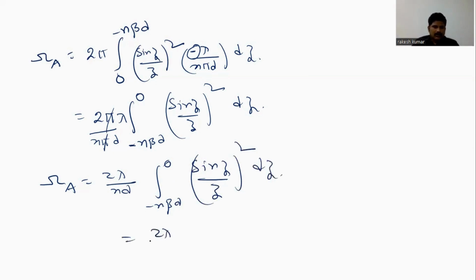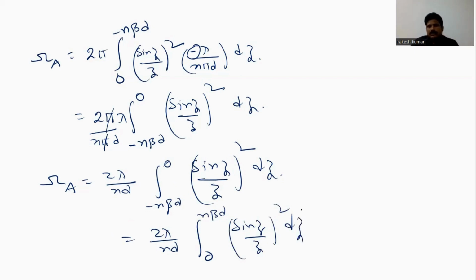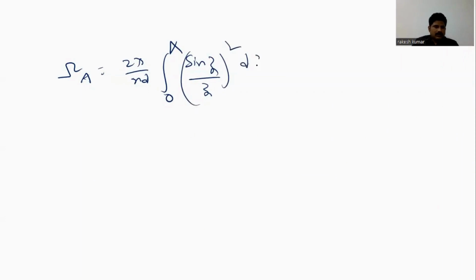That is equal to 2 lambda by n d integration of 0 to n beta d, sin z by z whole square dz. Okay, so if n is very large, n you can approximately take equal to infinity. Therefore, sigma a is equal to 2 lambda by n d into integration of 0 to infinity sin z by z whole square dz.